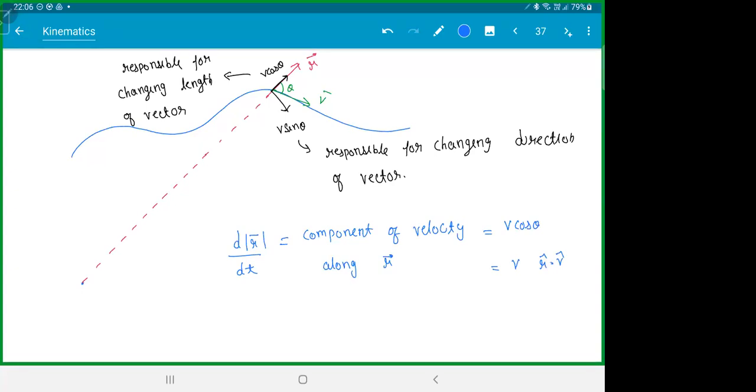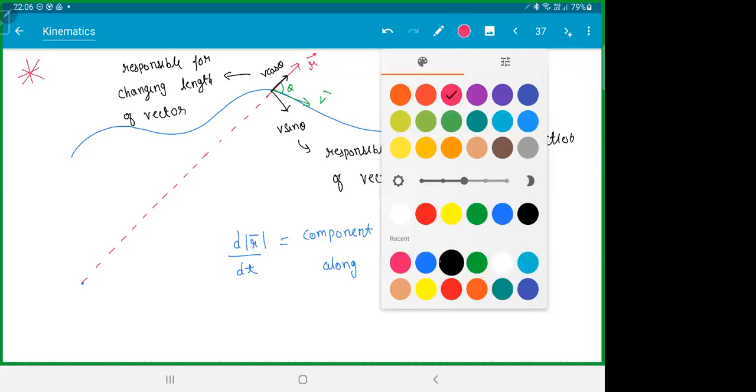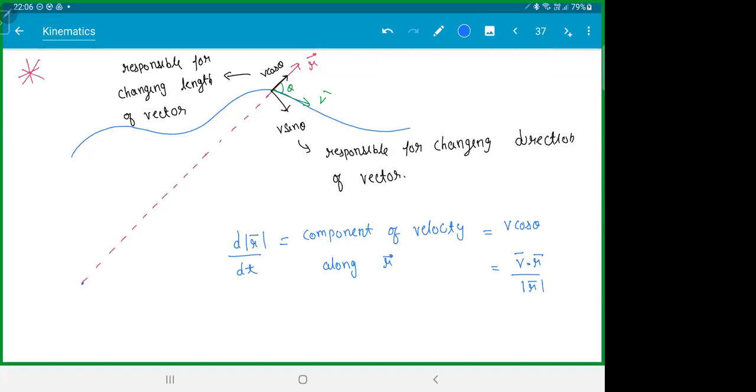Do you remember that vector dot product thing? v bar dot r bar by mod r bar. Component of one vector in the direction of another vector. I'm sure you studied that in vectors. So this is an important thing. When someone asks you what is d mod r by dt, what he is asking you indirectly is to find the component of velocity along r bar. Clear with this? Do check it out. This is the meaning of d mod r by dt.